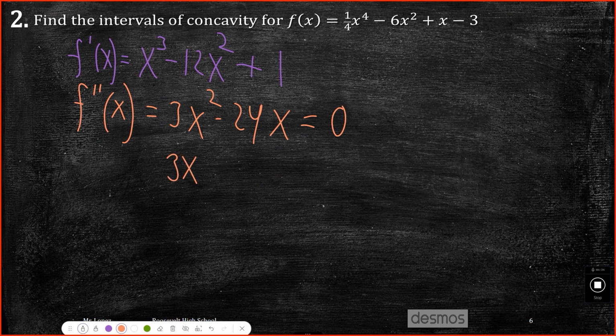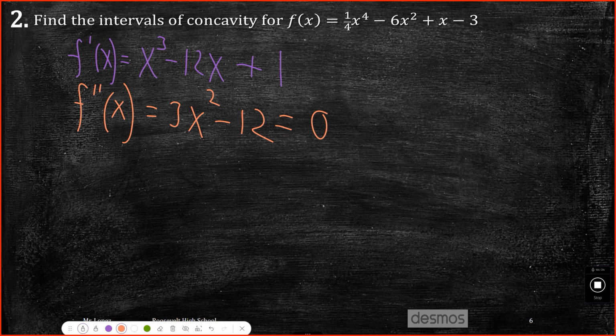What is that? 3x squared minus 12 equals 0.